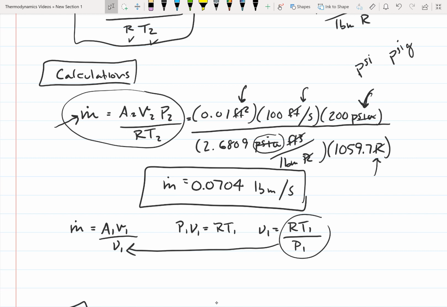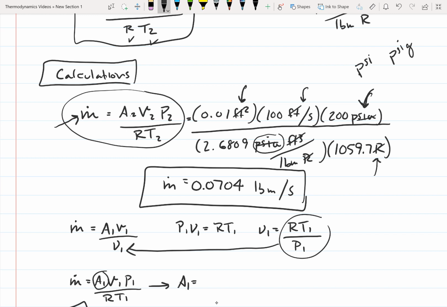And I'm just going to plug this directly into this equation like I did before. And then I get that the mass flow rate is equal to A1 V1 P1 over RT1. We're looking for A1, so let's solve for A1.